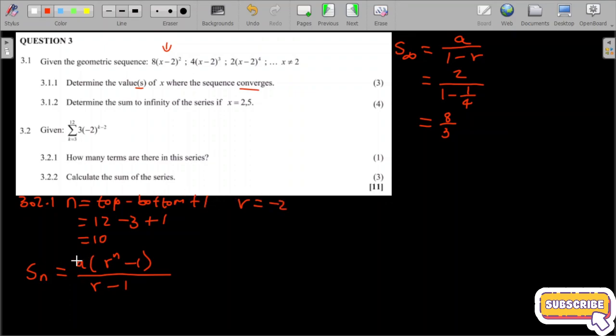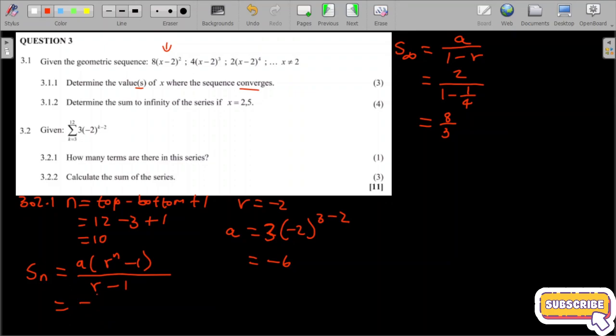Now finding the value of a, because I already have n, which is 10. Starting from 3, a is 3 times (-2), which gives me -6. That's my value of a.